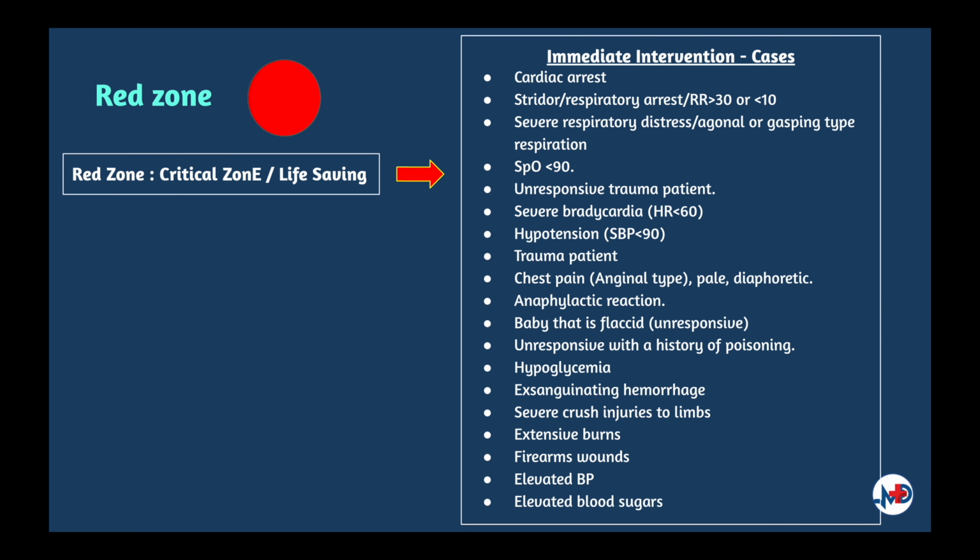Finally, we have the red zone, and this zone is the critical zone where patients would be seen immediately as soon as they arrive. It is called critical because it requires immediate life-saving measures.